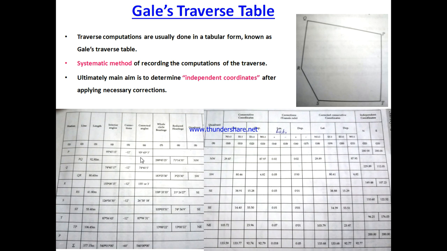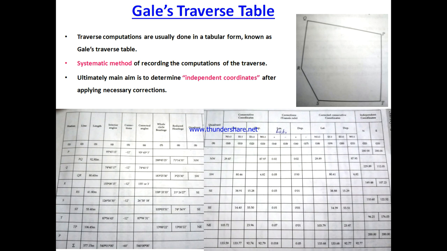So first of all you have the bearing of the first traverse line, which is already known to us. Then with the help of the corrected included angle, we will calculate the value of bearing. How to calculate it you already know. Included angle plus the bearing of the preceding line will give us the value of the bearing of the next line, which I have already covered in the last lecture.